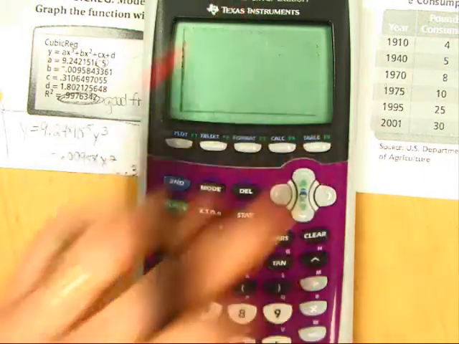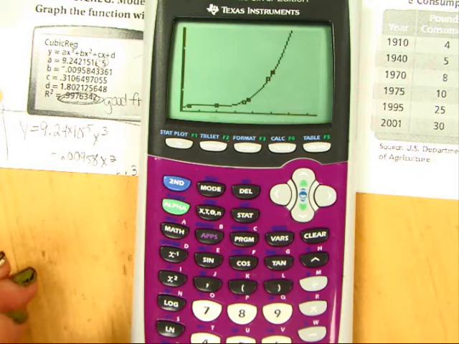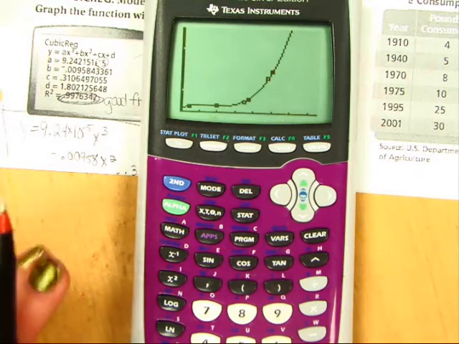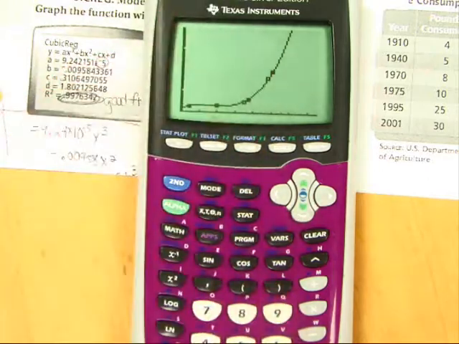Now when I hit graph, you'll notice that this line goes through those points extremely well. That's why r squared was so close to 1. It really fits our dots well, and this is a cubic graph.